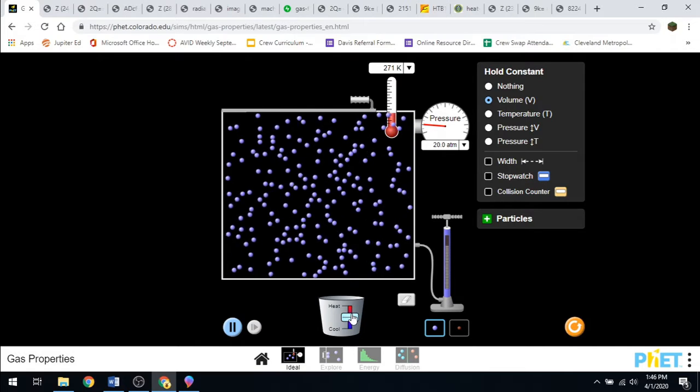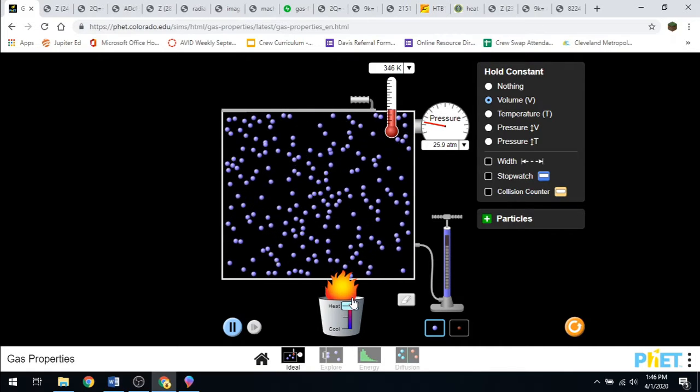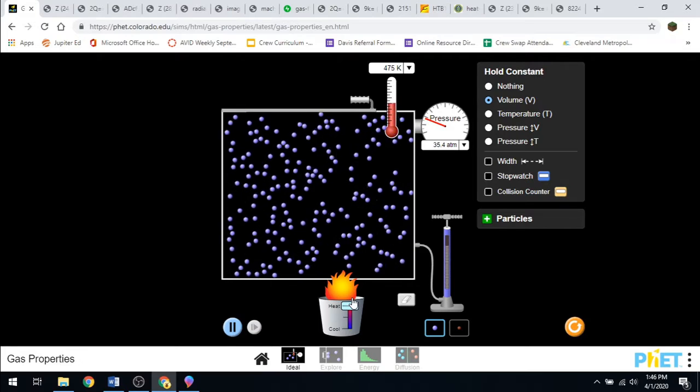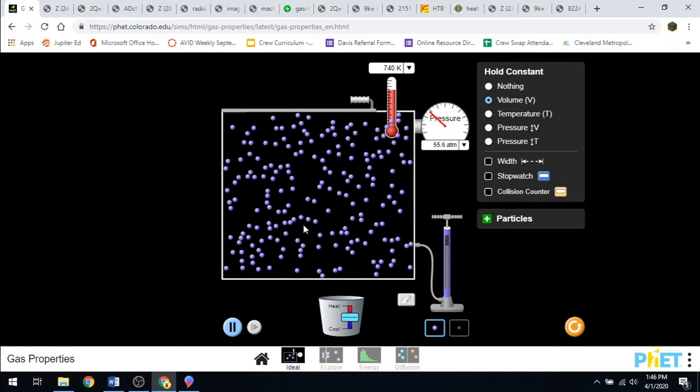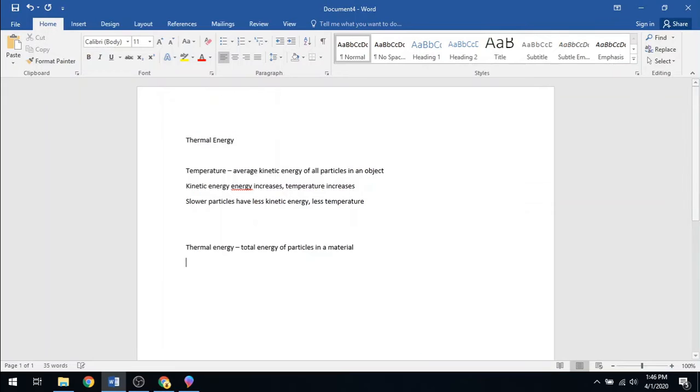So if you add heat, then all the little particles are bouncing around faster, and so you have more thermal energy. So more temperature equals more thermal energy.